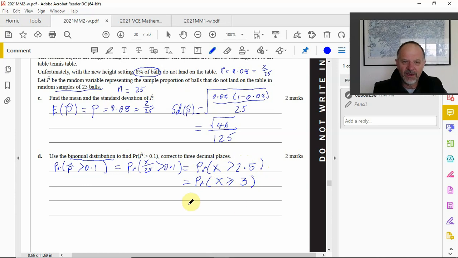And so we go to our calculator, to our binomial CDF, and we put in the information that we need to put in. You saw me do some stuff previously, so it's in the same area as that. And to 3 decimal places it's 0.323.